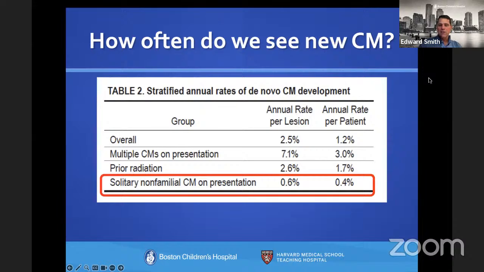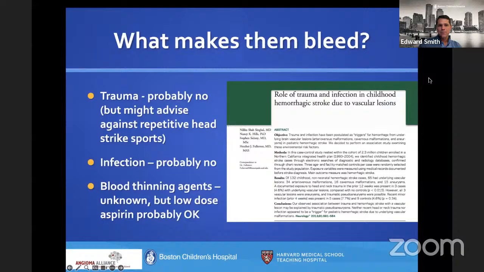So again, this is how often we find them. And for kids with familial or radiation, that's at a higher percentage. So if you have someone who had a brain tumor and they've had brain radiation, about 1.5% per year, roughly, will develop CAVMs on follow-up scans.